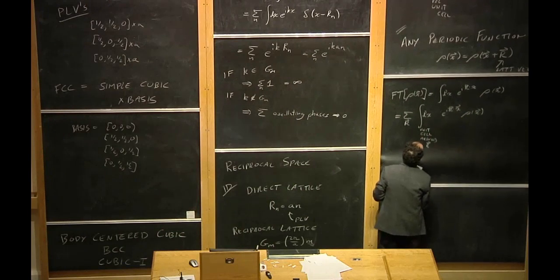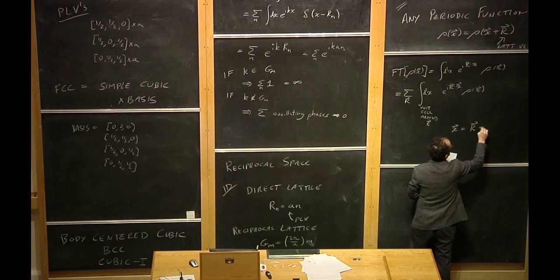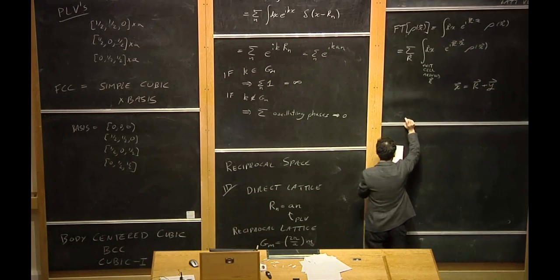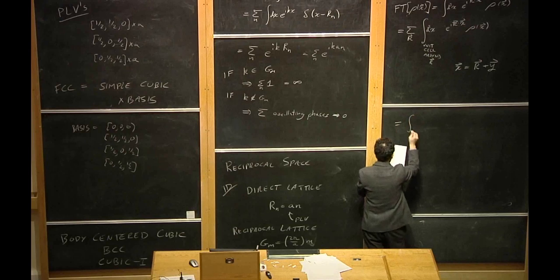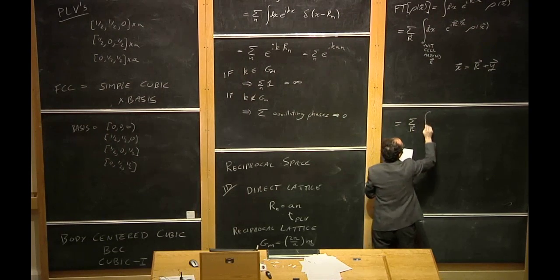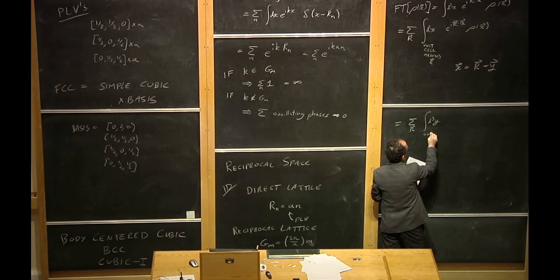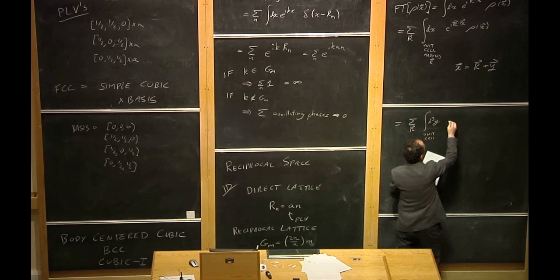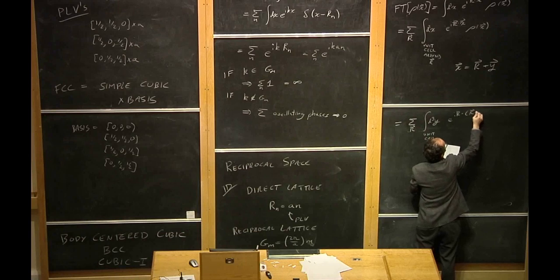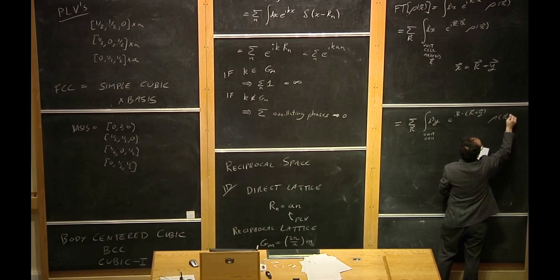Then we'll define a parameter y, with x equals r plus y. We'll rewrite that integral as the sum over r of the integral d3y over the unit cell of e to the i k dot (r plus y) times rho of (r plus y).